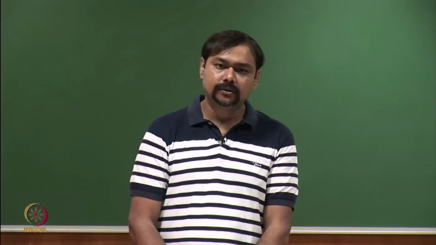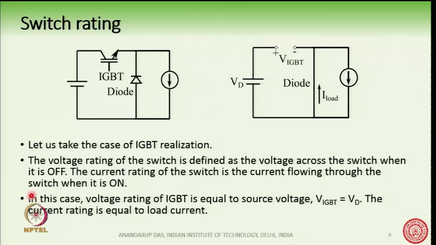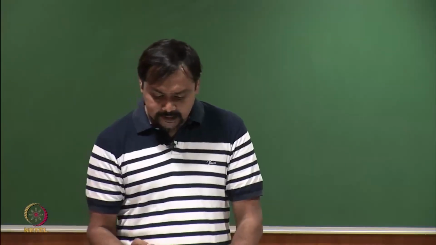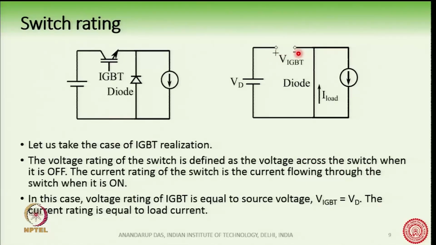So, let us try to find out first what the voltage and current rating of the IGBT and diode are in this particular circuit. Suppose we want to find the voltage rating of the IGBT. To do that, we find the voltage across the IGBT when it is turned off. When the IGBT is turned off, the circuit looks like this.